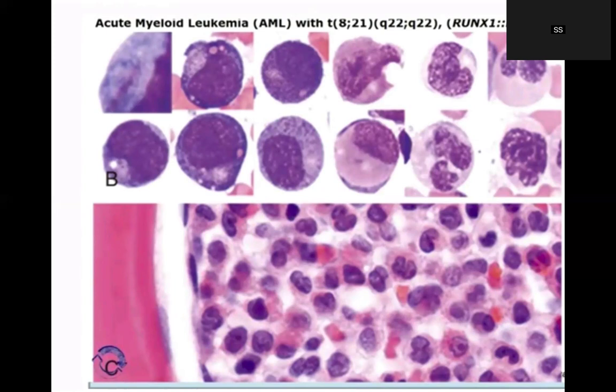There is no blast criterion for this recurrent genetic abnormality. The few exceptions are translocation 8;21, translocation 15;17, and inversion 16. For all these three categories, there is no need for the blast criterion of 20%. It can be less than 20 also.